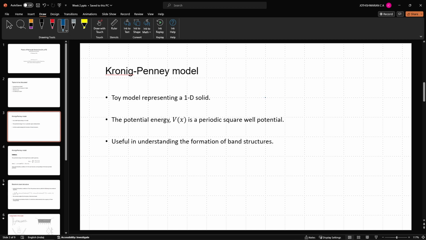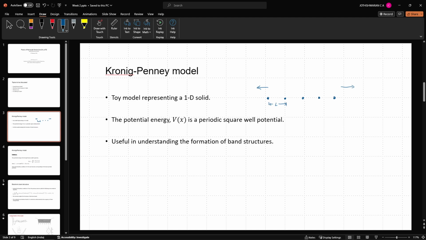So what we mean by that is we have a one-dimensional array of nuclei, and this thing goes on in either direction, and the period of this 1D lattice can be some capital L.